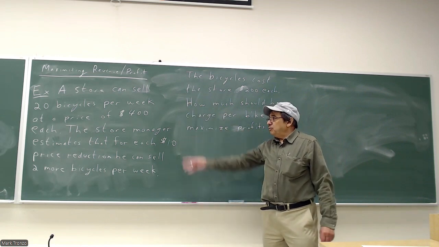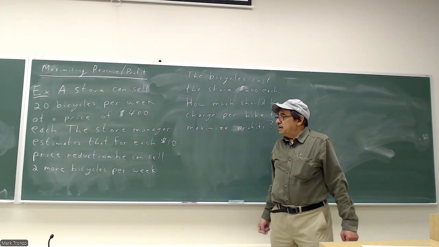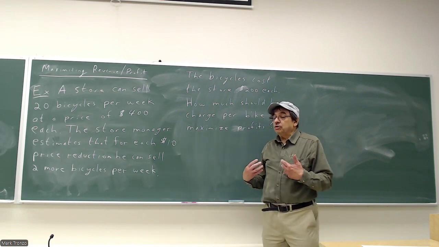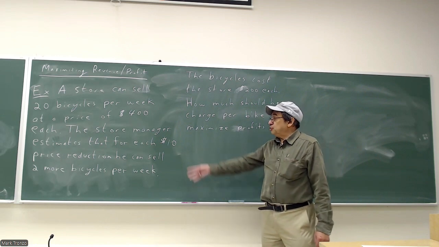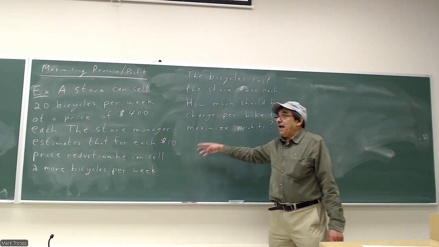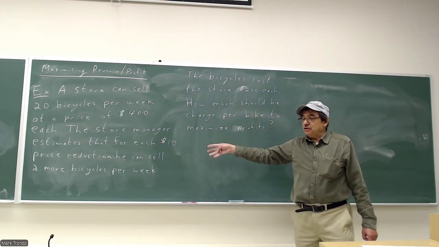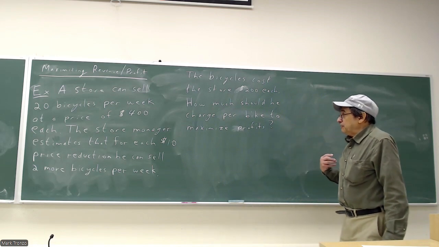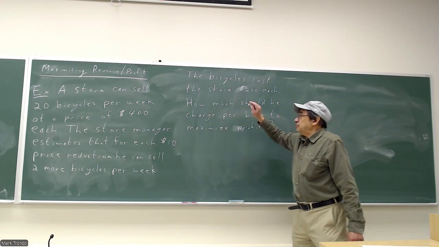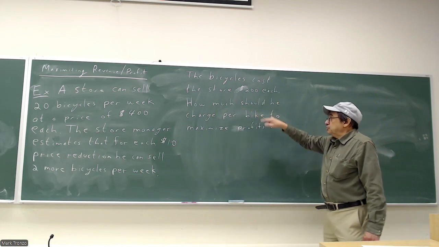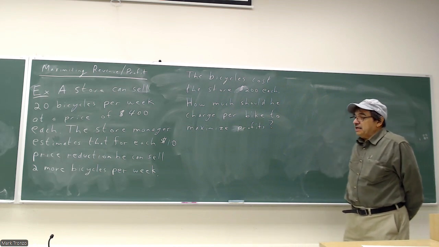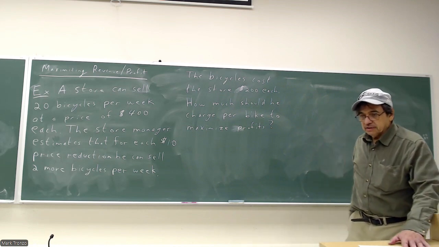But we want to take into account how much the store pays for every bike, because you could bring in as much money as you wanted, but if you ended up paying more for the bikes than you got in revenue, obviously you would lose money. So here the bicycles cost the store $200 each. How much should he charge per bike to maximize the profits?